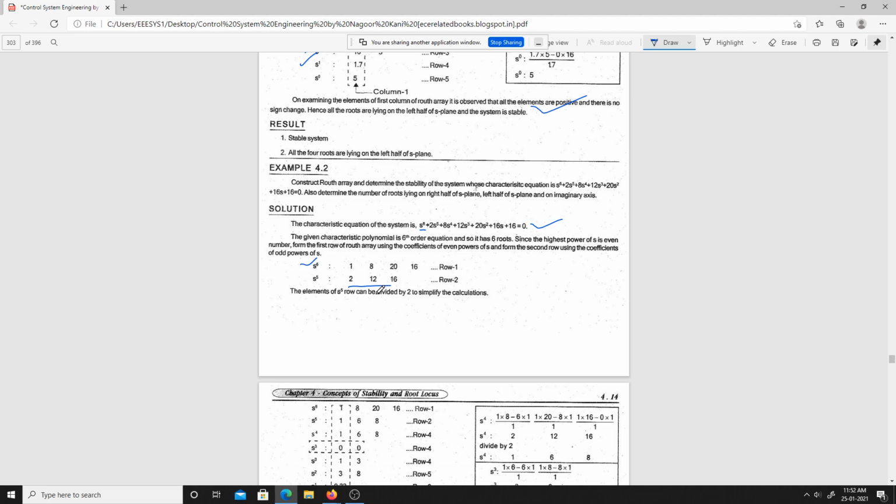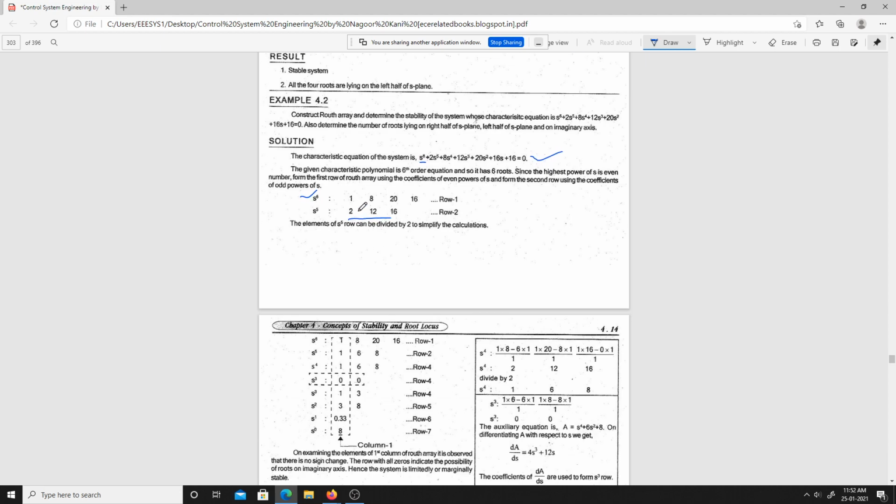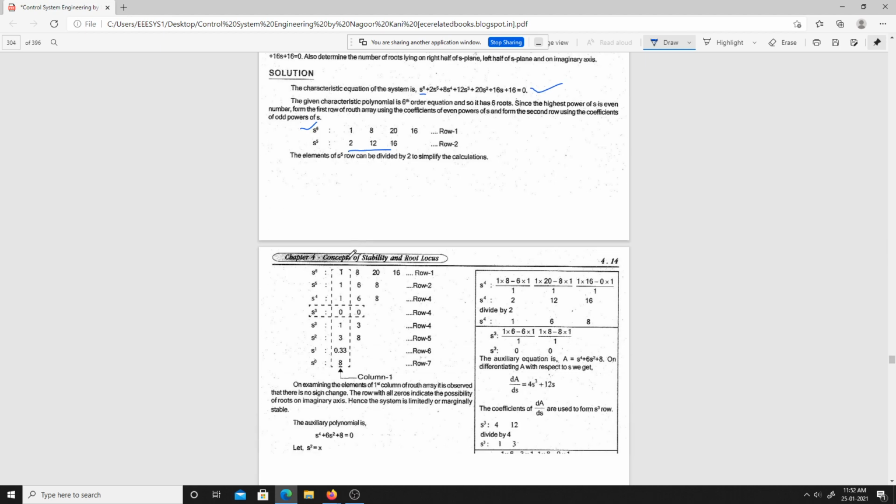It can be simplified, so for simpler calculations we can replace this with 1, 6 and 8. Is it clear? So s power 4 we are supposed to construct, and the s power 3 row will be all zeros.